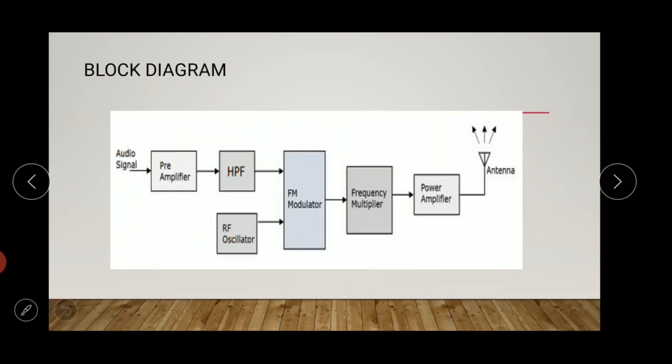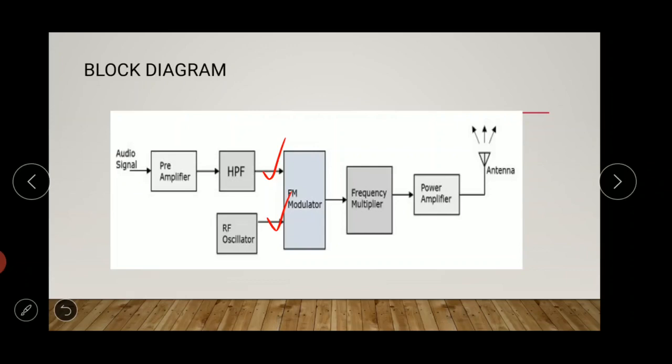The carrier signal is a pure radio wave that is produced by the oscillator circuit. The modulator circuit modulates the RF signal according to the audio signal. RF signal means carrier signal, and it produces the modulated RF signal as the output.